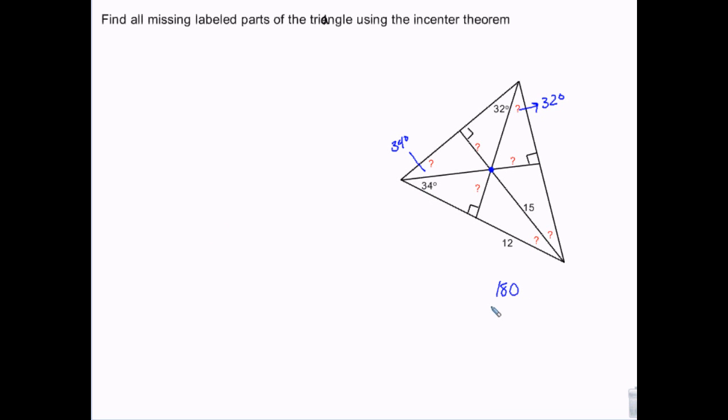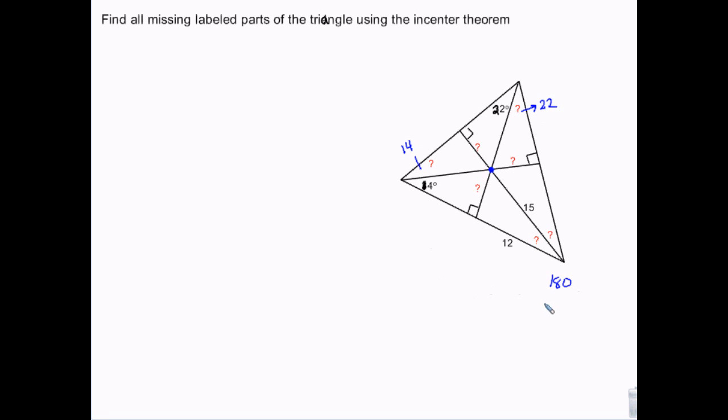And I can do 180 minus 64 and 68. That doesn't work. I made a bad triangle. I gotta fix it. Let's do 22 and 14. Sorry about that. I made an impossible triangle.